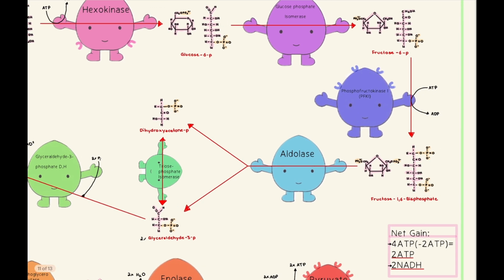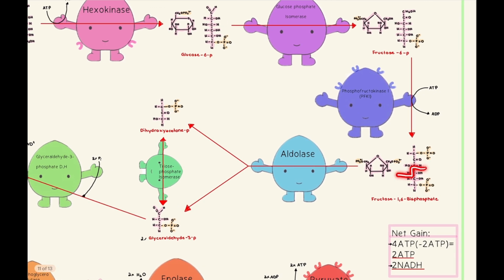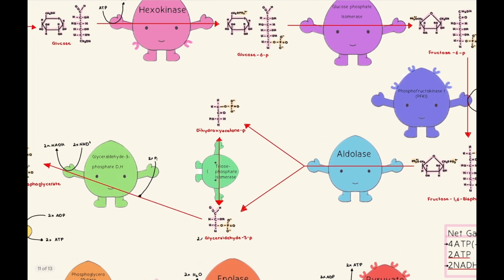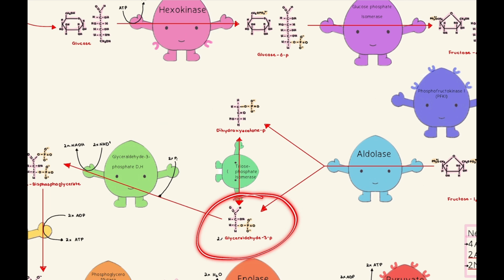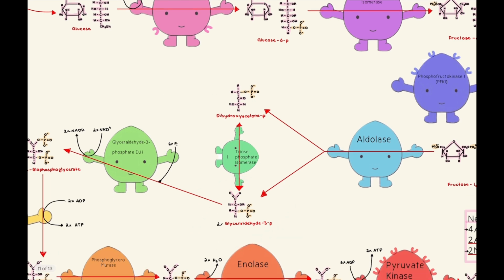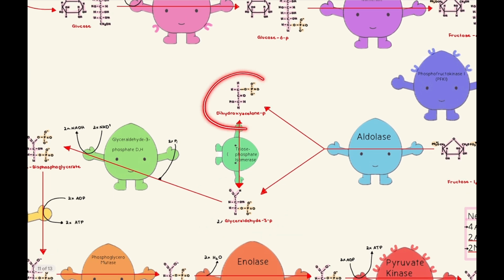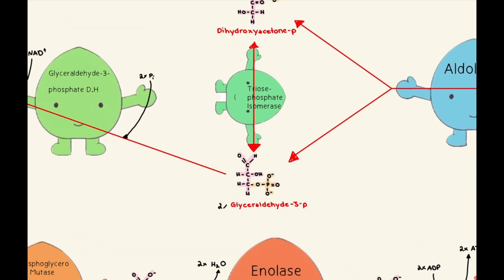Then, in step 4, an aldol cleavage splits fructose 1,6-bisphosphate into dihydroxyacetone phosphate and glyceraldehyde 3-phosphate. In step 5, dihydroxyacetone phosphate had to be isomerized into glyceraldehyde 3-phosphate to be further used in the glycolysis process.